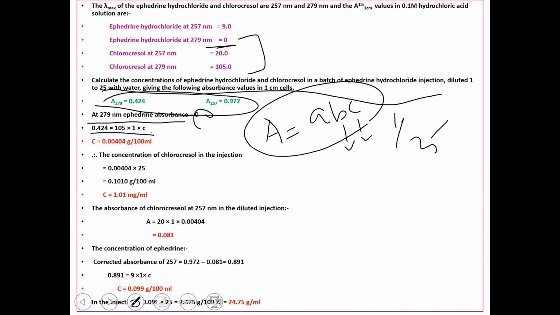So once you incorporate the values here, at 279, the A 1% 1 centimeter value is 105 and thickness is 1, and the concentration we have now determined at 279.